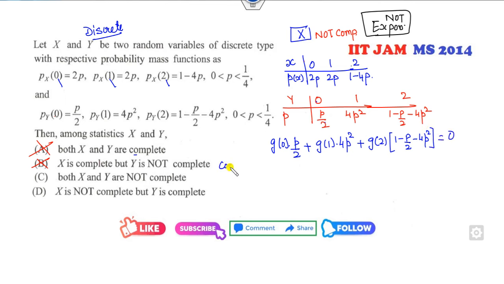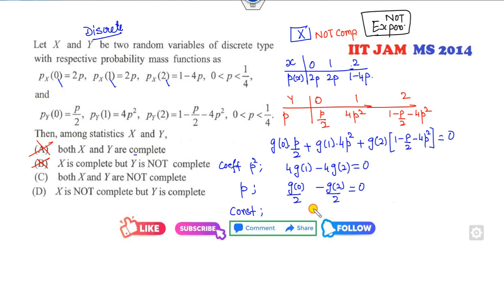So I can equate the coefficient of p square: 4 times g1 minus 4 times g2 is 0. Coefficient of p: g0 by 2 minus g2 by 2 is 0. And the constant term is only g2, which is 0.